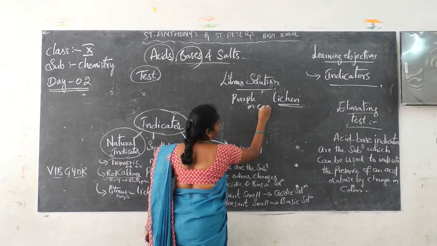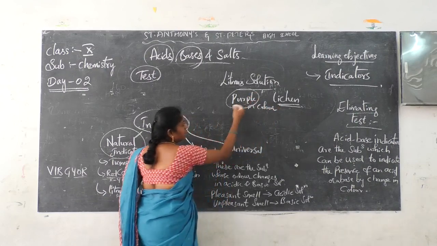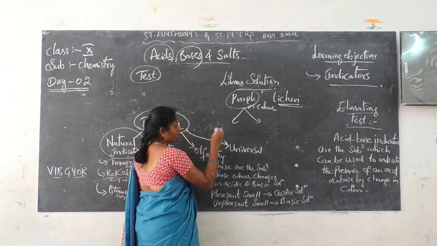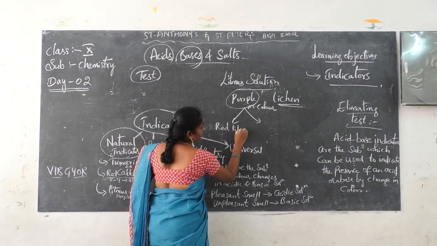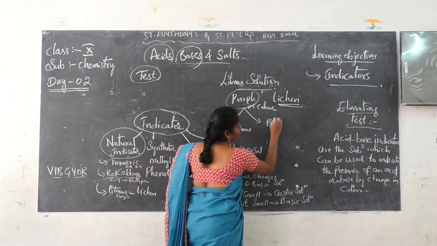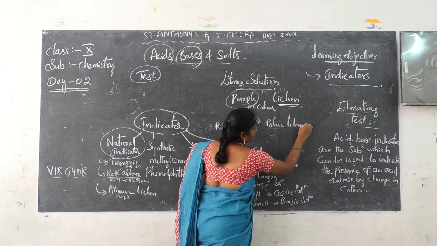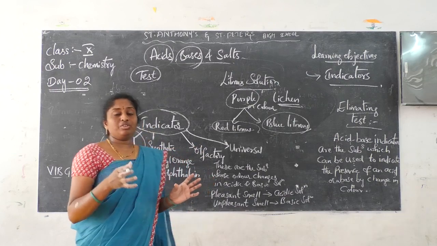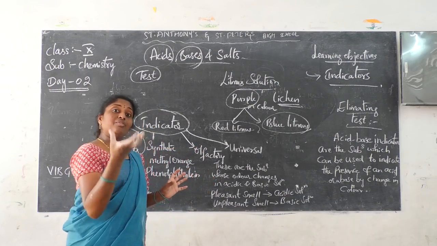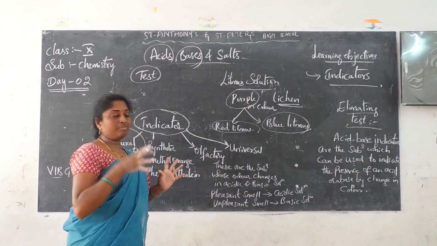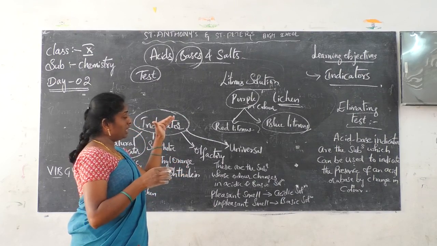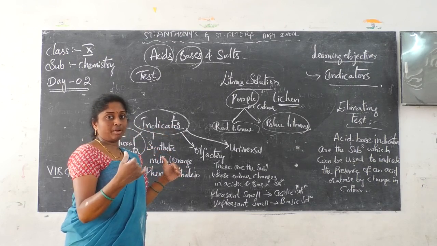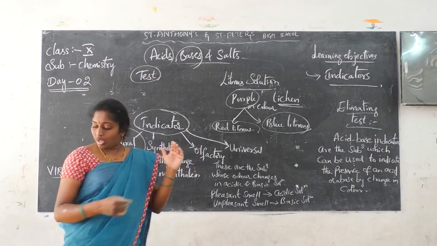Then from this substance, they prepared two papers: one is the red litmus, another one is the blue litmus. The original color of the litmus solution is purple when extracted from the lichen plant, and from it they prepared the two litmus papers, red litmus paper and blue litmus paper.